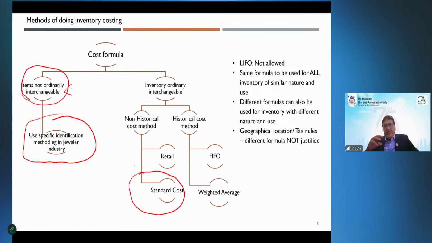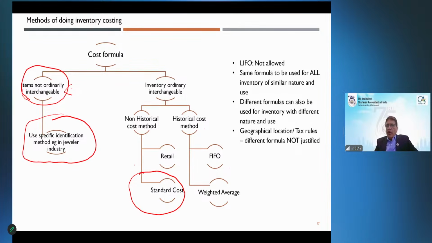So what entities do is they find out the standard cost of the inventory based on their production and they calculate the standard cost. Whatever the cost is coming, that goes to the profit and loss account debit, and accordingly the cost is accumulated. When I'm issuing to the shop floor or working on my inventory allocation, I do it at the standard cost.